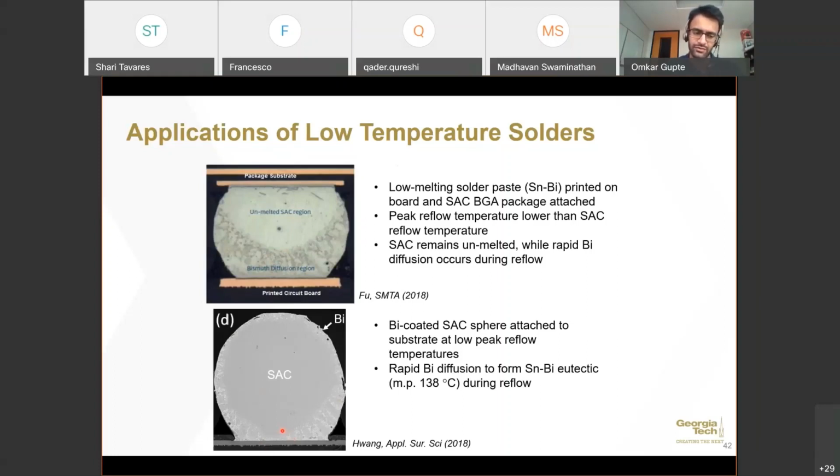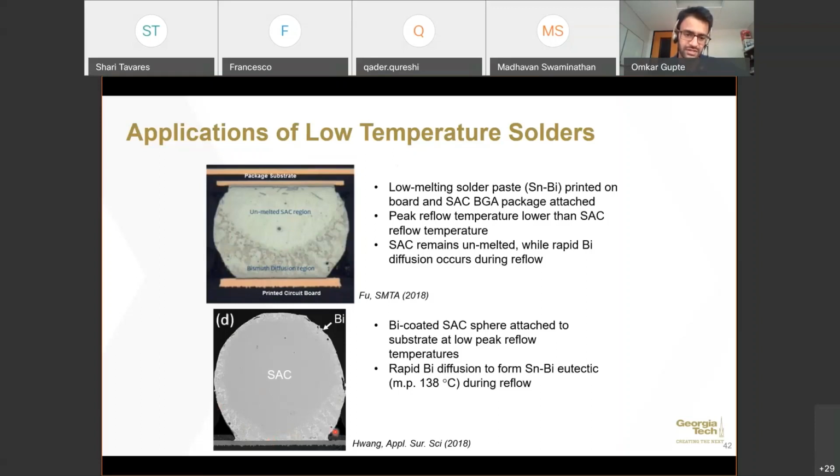In this case, it was about 200 degrees Celsius, and the tin from the solder core reacts with the bismuth in the coating and forms a eutectic melting system, which is what essentially bonds with the pad.